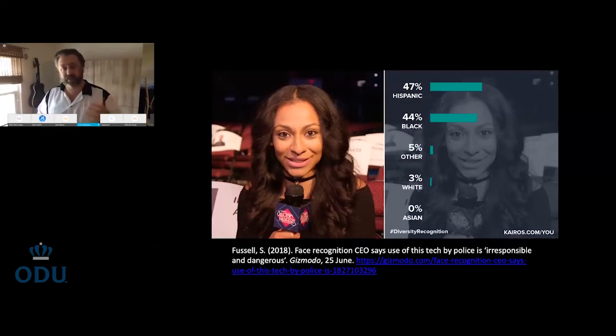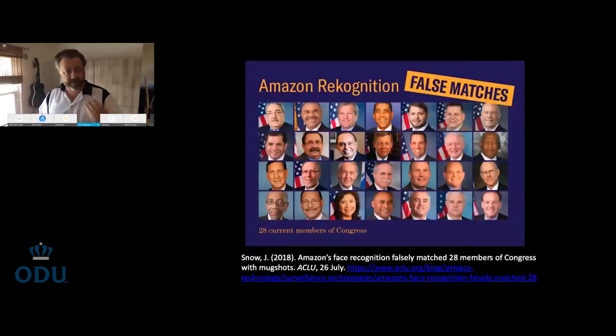And we can see part of why that is when we look at Amazon's face recognition software, Rekognition. They rolled this out in 2016 in a limited way. They've been working on it continually since then. In 2018, the ACLU did this test. They took the official photographs of all members of the US Congress, and they put them through Amazon's Rekognition algorithm.